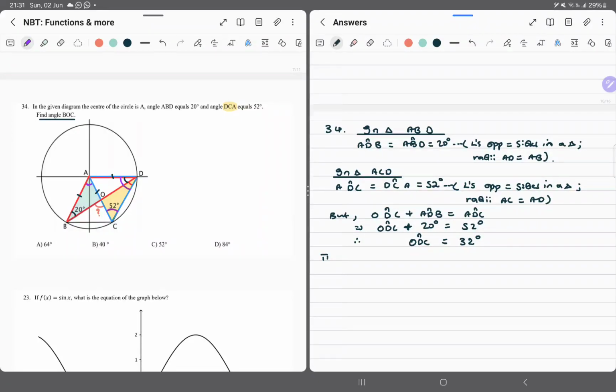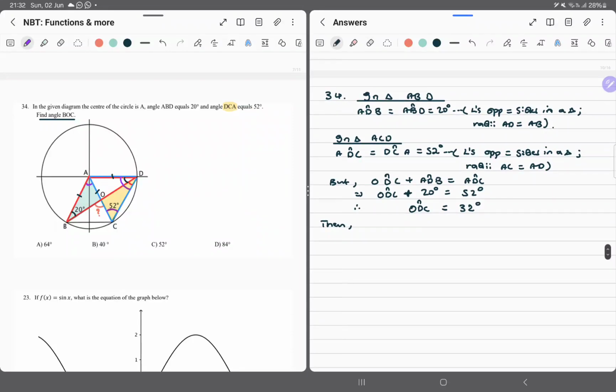We can say then, in triangle, I mean, you may name triangles as you go along if you will. It's not a big deal. But for me, I just like to jump in for the final one because I'm tired of naming triangles.